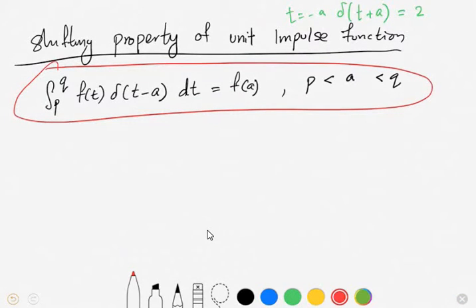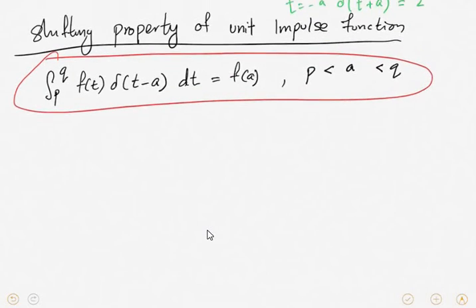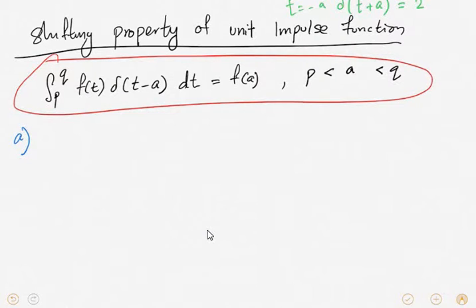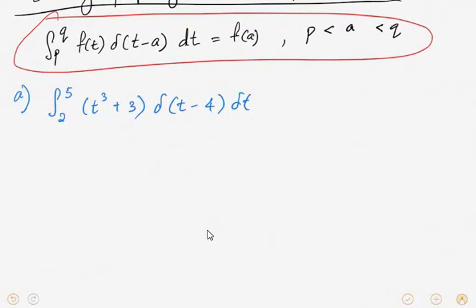Now let's look at an example. Evaluate the integration from 2 to 5 of t to the power of 3 plus 3, times delta t minus 4, dt. If you look at this, delta t minus 4 means that the impulse occurs at t equal to 4.